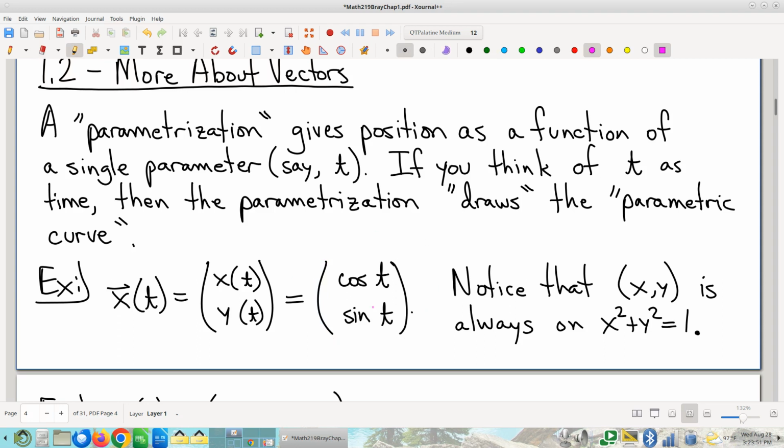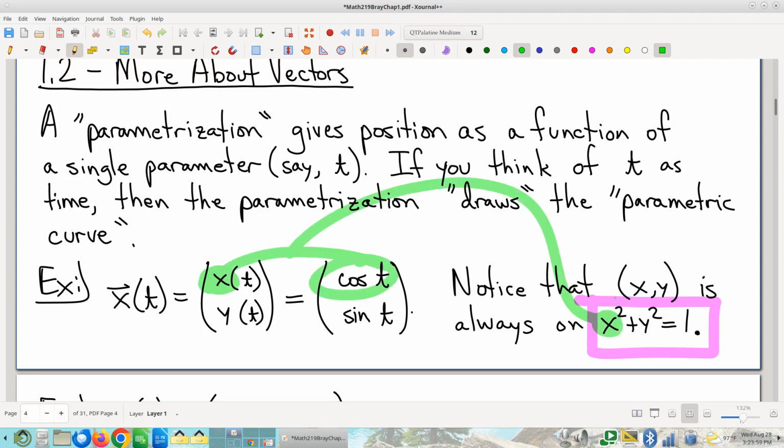In particular, they satisfy this relationship. In particular, x being cosine t and y being sine t, I know that parameterization satisfies x squared plus y squared equals 1, because cosine squared plus sine squared is indeed 1.